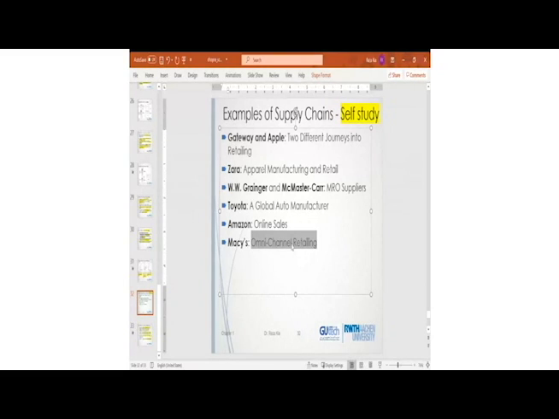But that was only one example. There are many other examples of omni-channel retailing. So I recommend that at the end of this chapter you study these examples. They are good examples, not difficult, kind of easy examples.